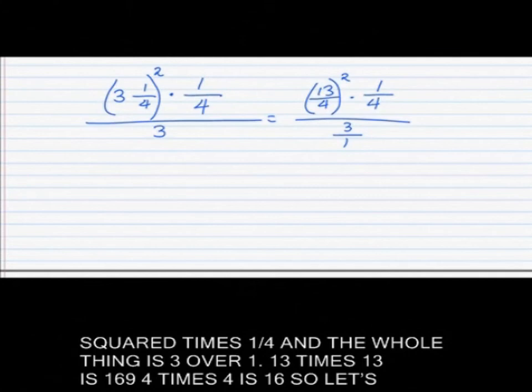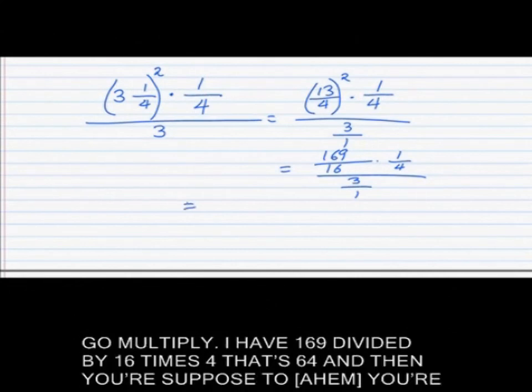13 times 13 is 169. 4 times 4 is 16. So let's go multiply. I have 169 divided by 16 times 4.